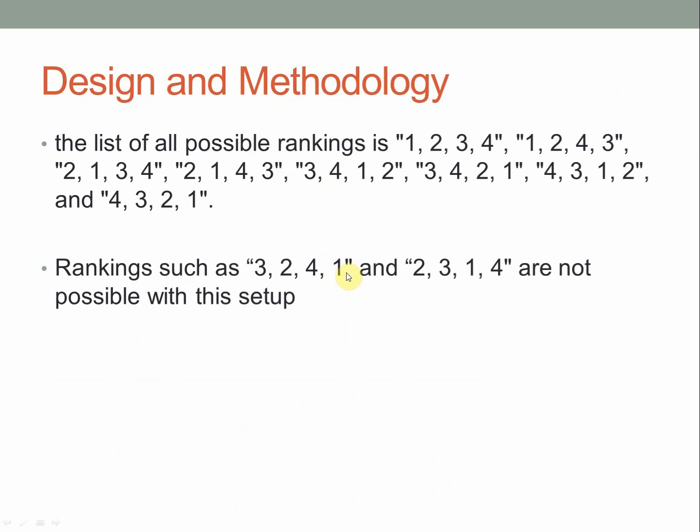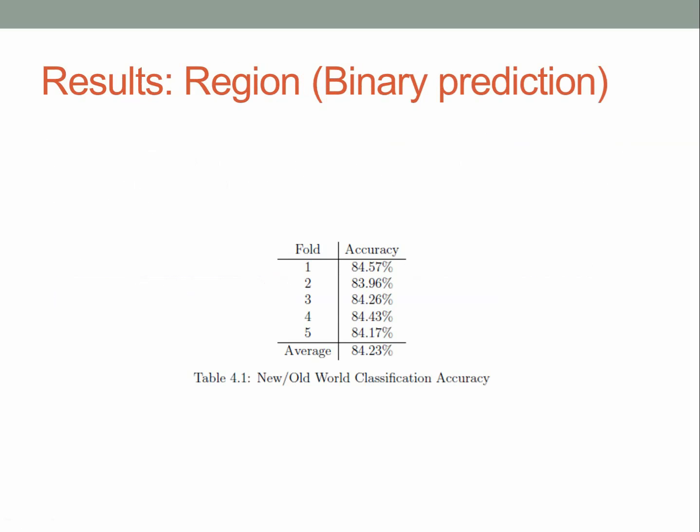However, 3241 and 2314 are not possible because they do not fall into the category of the prediction for SVM1, the very first SVM, because it is either going to group 3 and 4 together, or it's going to group 1 and 2 as the first 2 predictions. And that is what this methodology will help us do in the prediction.